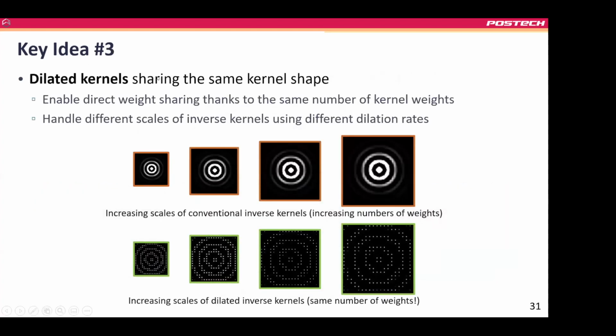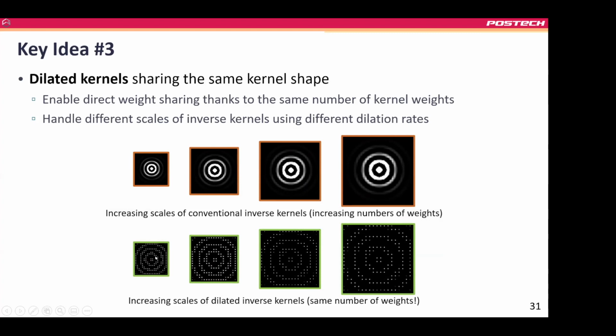The last idea is that we have to represent these different scales of inverse corner, but it's not very immediate. It's not very straightforward. But we found that if we use this dilated corner, then this dilated corner will have the same components in the corner, and then it's easy to share the same weight in this dilated corner.